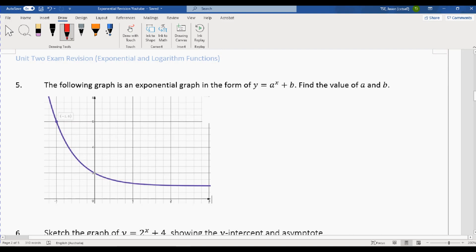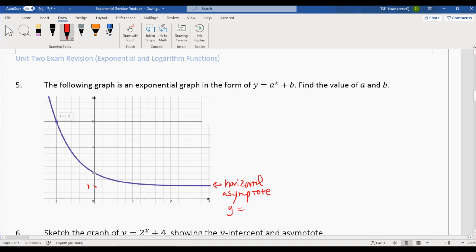So let's see. First of all, can we find the asymptote? Yes, the asymptote is just right here, right? So this is the horizontal asymptote. So that's 4, so this should be 1, right?